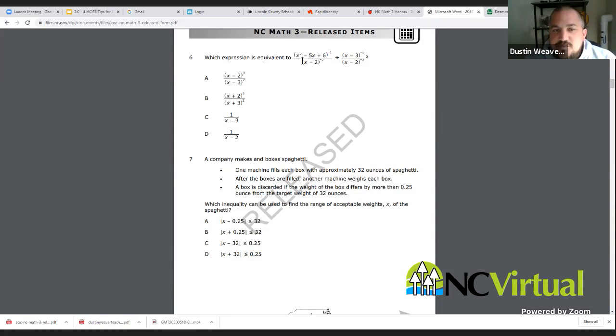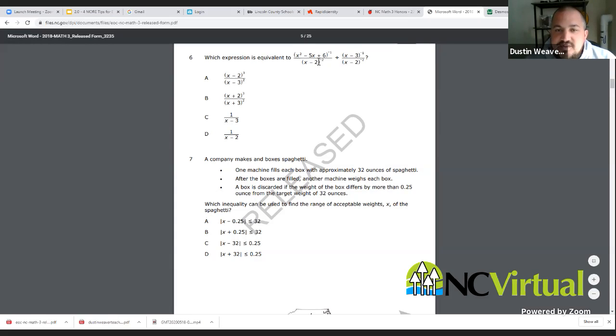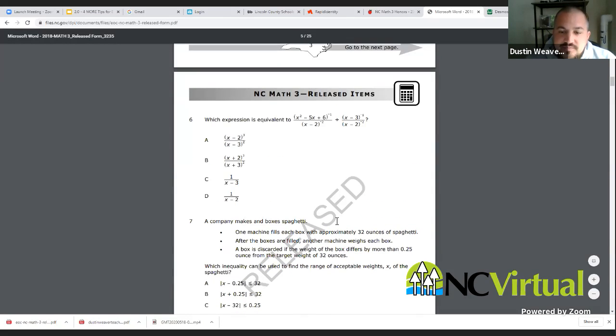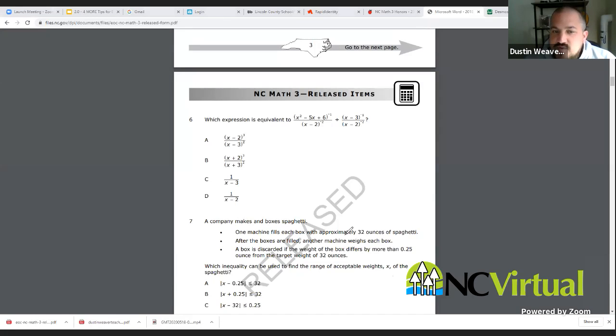It says, which expression is equivalent to this? So let's look at it first. I'm going to write directly on this question number 6 because these all have negative exponents. But the first thing that I notice in question number 6 is a division sign. Anytime you see a division sign in rationals, we want to flip the second fraction. So let's go ahead and do that first.